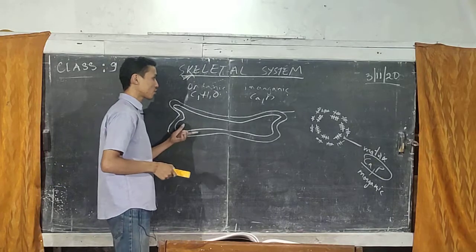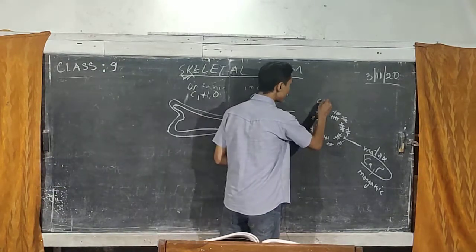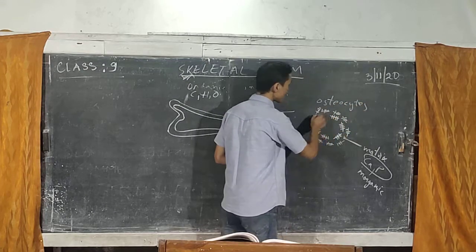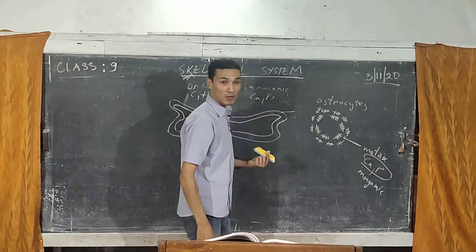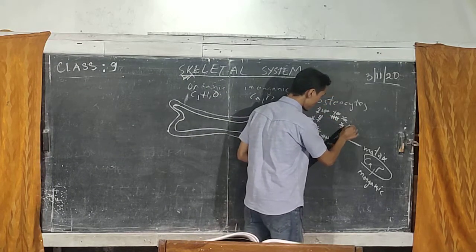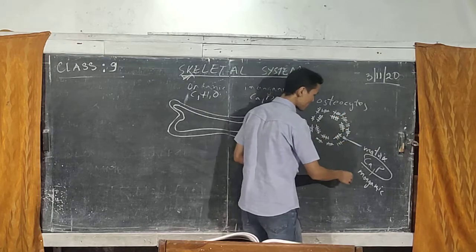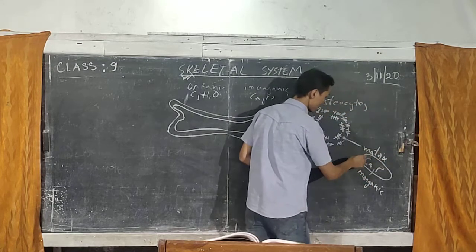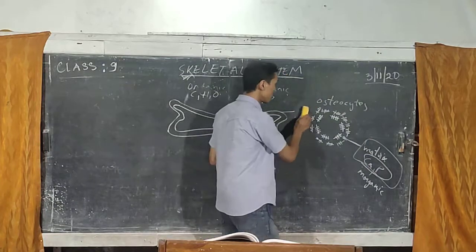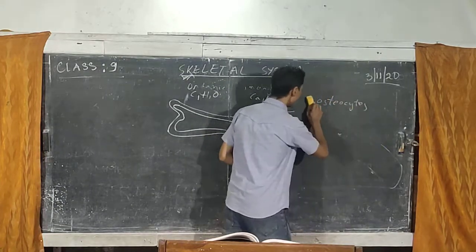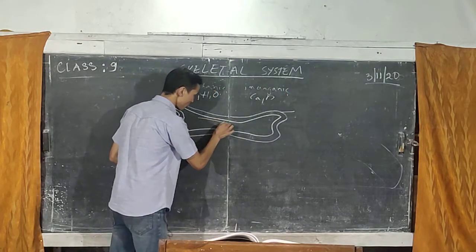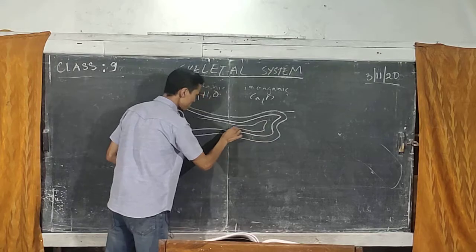Since we're discussing the structure of a bone, your bone is made up of cells called osteocytes, arranged in the structure of concentric rings, and in between these rings is your matrix, which contains calcium and phosphorus. Calcium and phosphorus provide toughness to the bones. Since your bone is covered by periosteum, the internal structure of the bone is hollow.